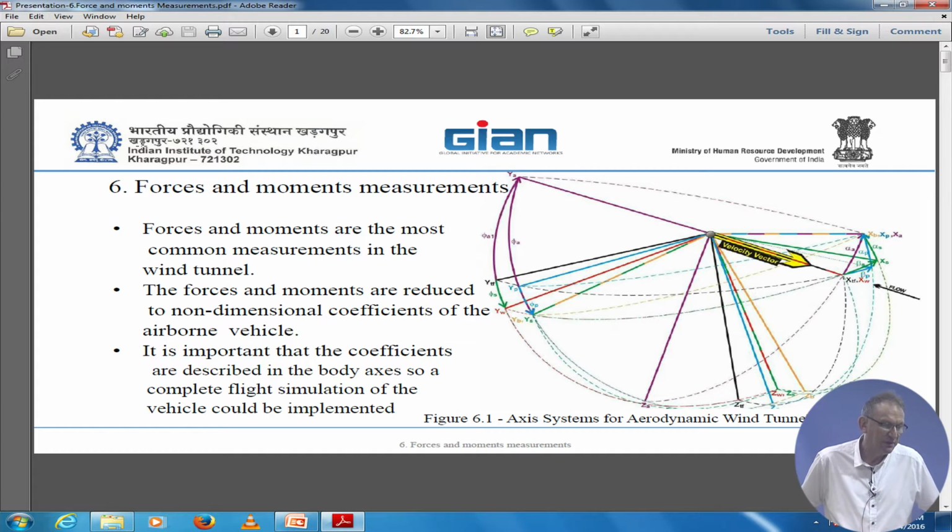First of all, make sure that you build your own strain gauge components, the measuring elements, because otherwise it's very expensive. It's not the strain gauges themselves, but the measuring elements.